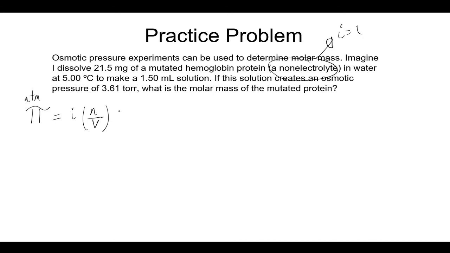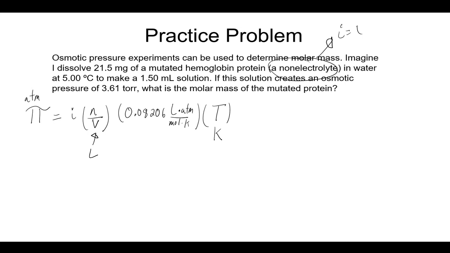R, I can write in, I suppose, 0.08206 liters atmospheres per mole Kelvin. Times T, temperature, but that should be in Kelvin. So now that I have the formula, I know what I need to use, I can go back and write in each of these things.